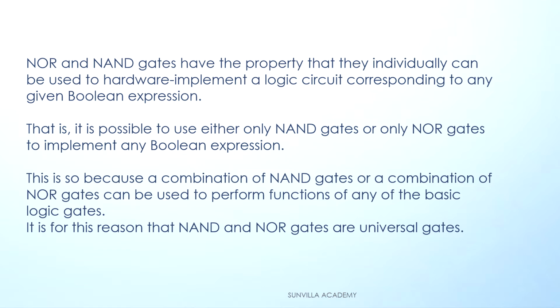That is, it is possible to use either only NAND gates or only NOR gates to implement any Boolean expression, which is not possible using AND gates or OR gates and NOT gate.